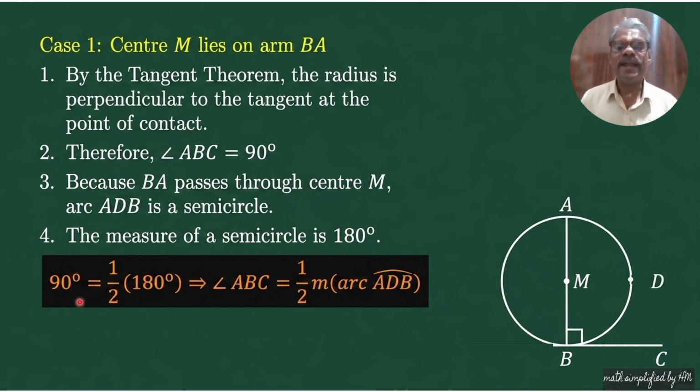Hence, we get 90 degrees is equal to 1/2 times 180 degrees. Now, 90 degrees is angle ABC and 180 degrees is the semicircle arc ADB. Therefore, angle ABC is equal to 1/2 the measure of arc ADB.